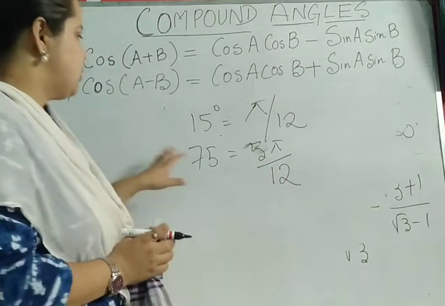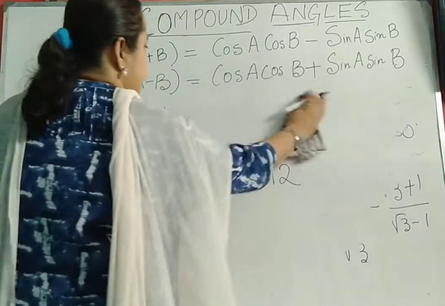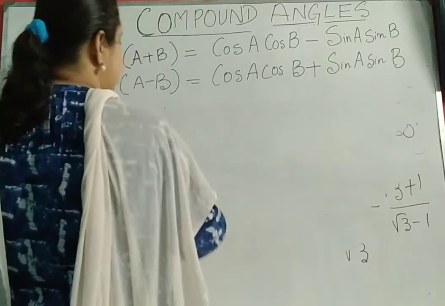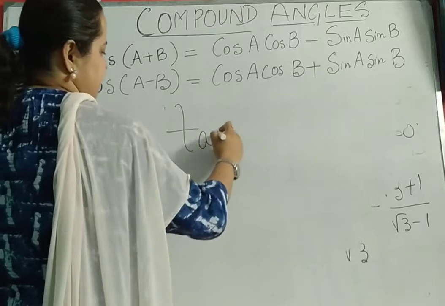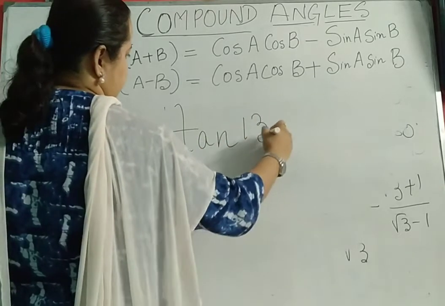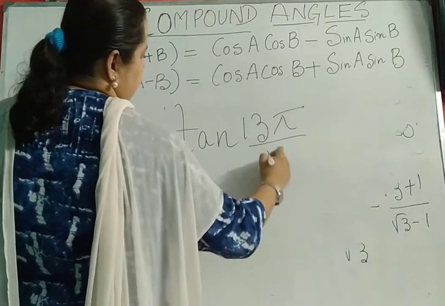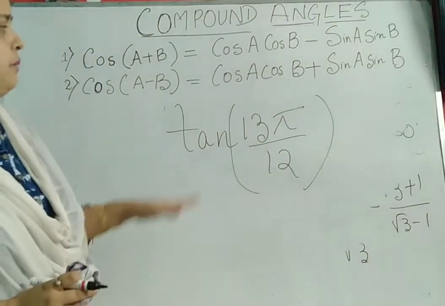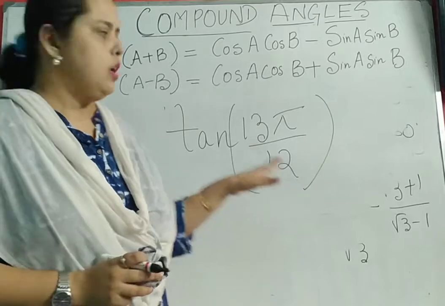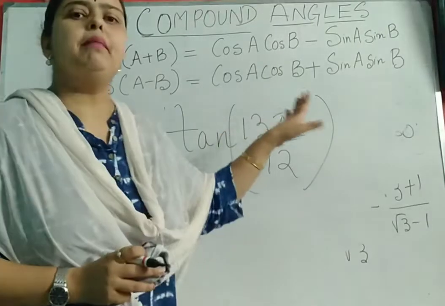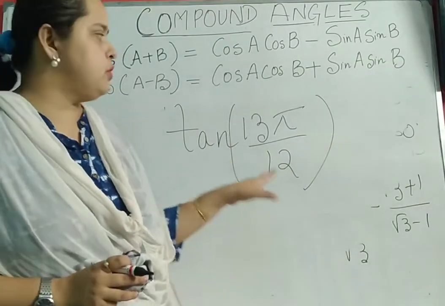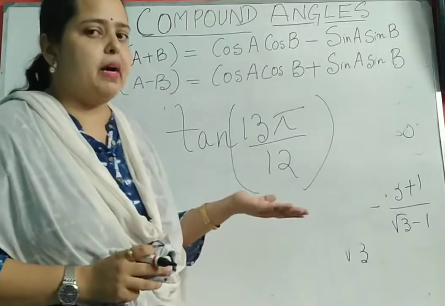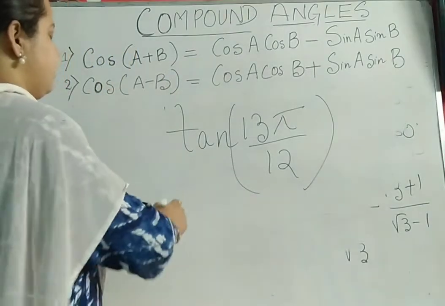Okay, children? So, let us apply this notation. Say a question comes to you. Tan 13 pi by 12. Now when we have come to know about the value of pi by 12, we can easily write it.